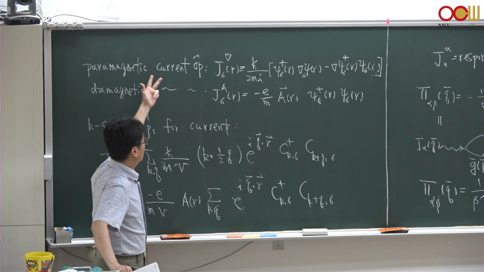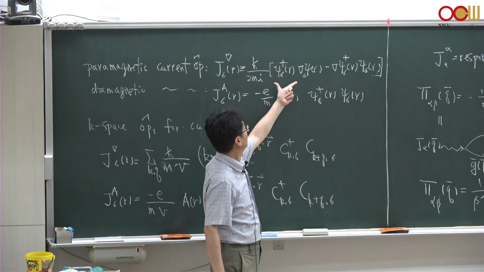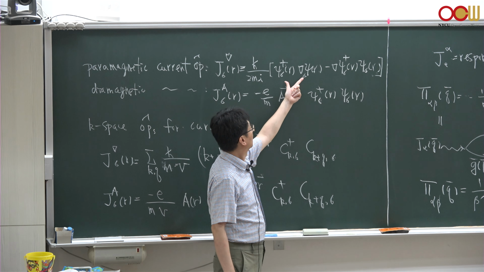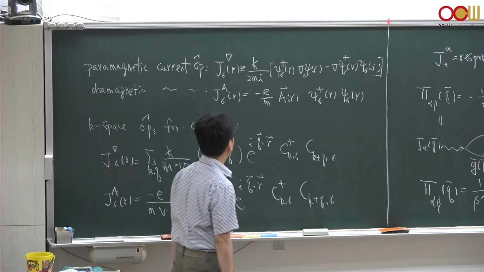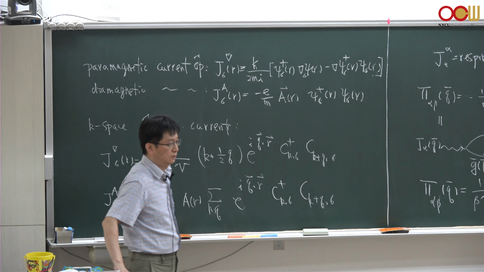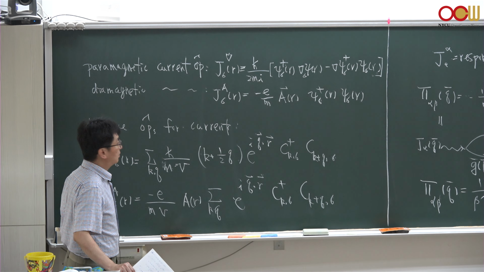The paramagnetic part is by definition, following our quantum mechanics textbook, given by the operator psi dagger gradient psi minus gradient psi dagger psi, multiplied by a prefactor. And the diamagnetic part is simply linearly proportional to the vector potential A times the density of electrons. We can Fourier transform both current operators.